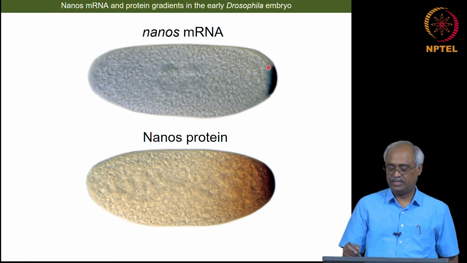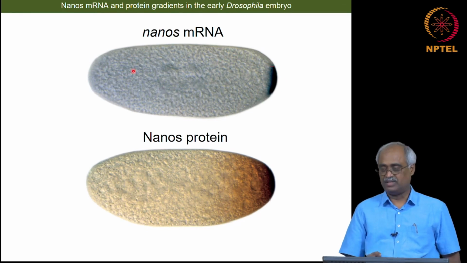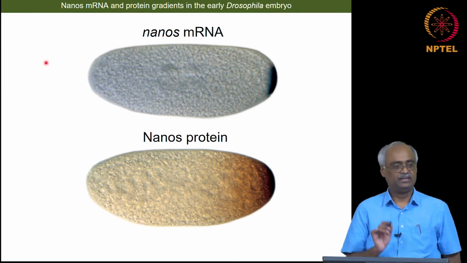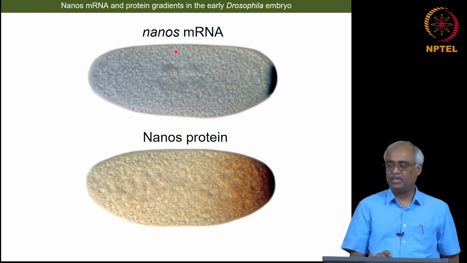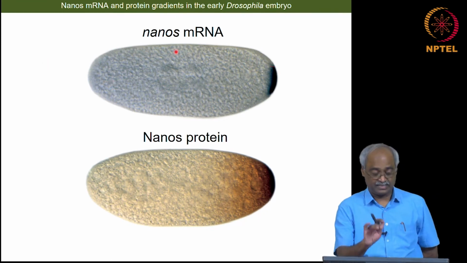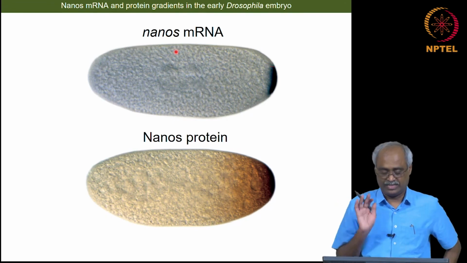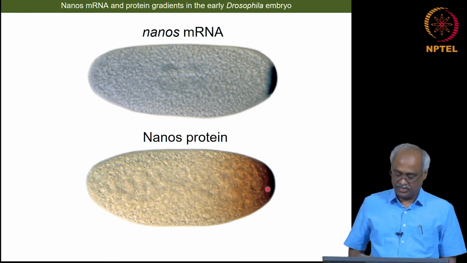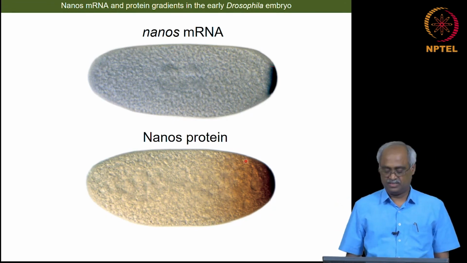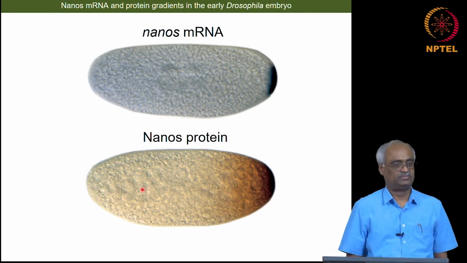So, due to that you see nanos RNA primarily here, and some amount is left here that is not readily visible. So you actually have a steep gradient, mostly here and very little here, and that very little is translationally inhibited, it is not going to be translated. And as an end result, in the protein you see a shallow gradient going from here to this.